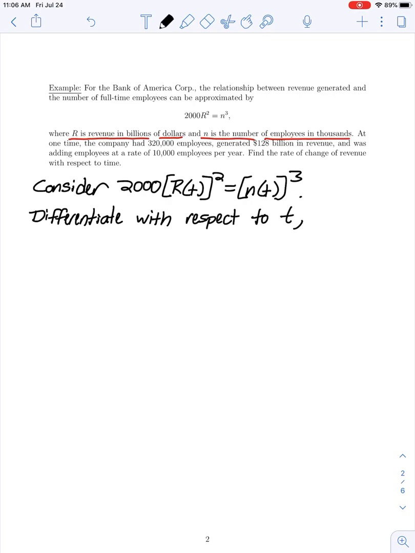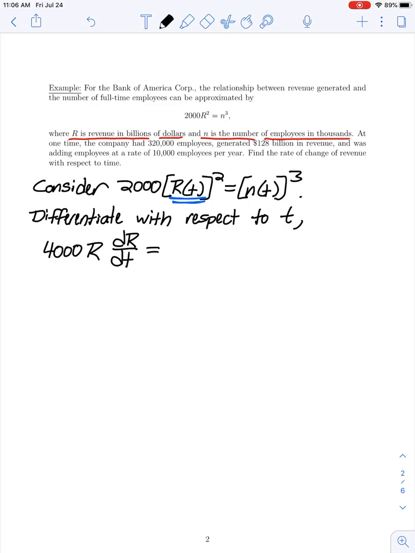time, t. So using the chain rule, on the left-hand side of the equation, we would have 4,000 times r of t to the first, or I might just simply write it as r to the first power. But then we have to multiply by the derivative of this inner function. That is the derivative of r with respect to time, which we denote as dr dt.